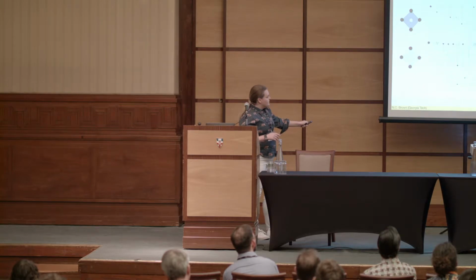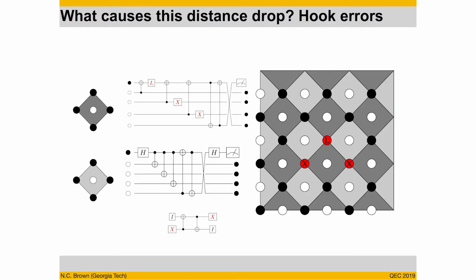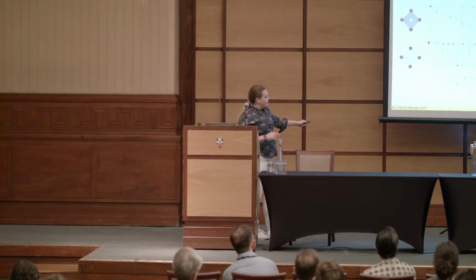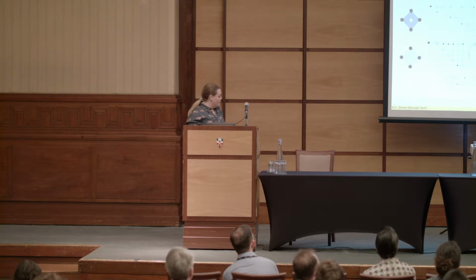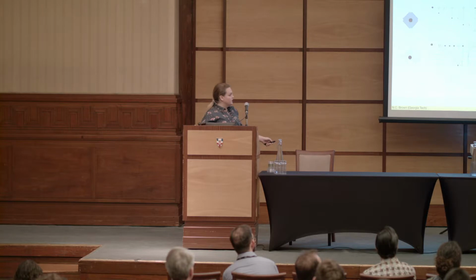And I have a little cheat sheet here. So you can imagine this X error is right here, and he's going to go through this swap. And he is going to spread this X error, which is going to come back to him and become an identity, but that X error he spread is going to remain.